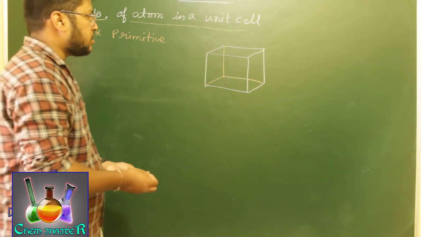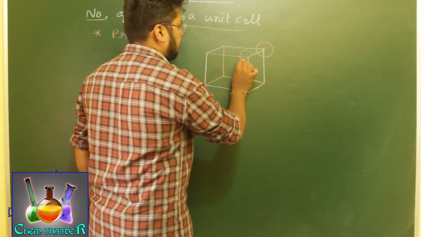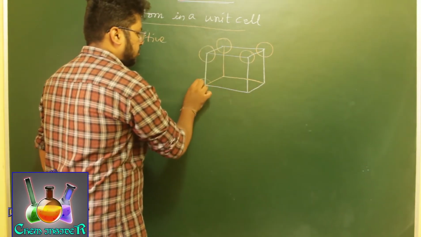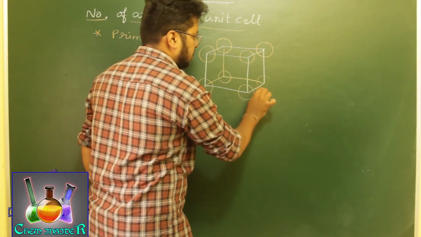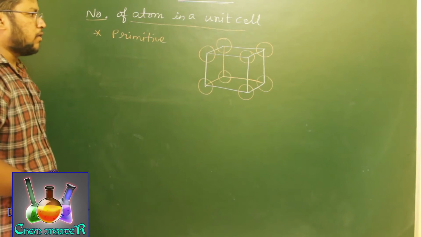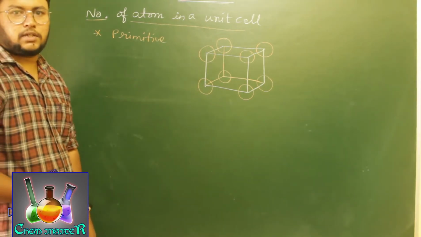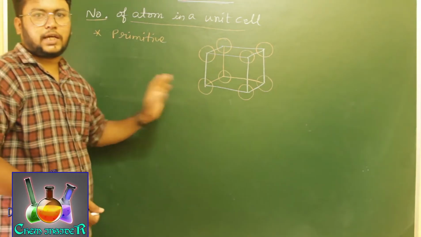In this cubic system we have 8 atoms present in the 8 corners of a primitive unit cell, right? As we have discussed earlier, a primitive unit cell of a cube carries 8 atoms, one each at the 8 corners. So we can say the total number of atoms in a primitive unit cell is 8 atoms.